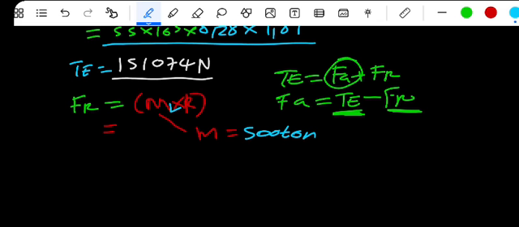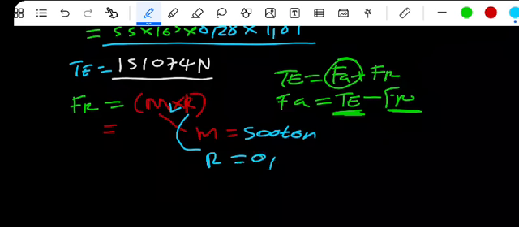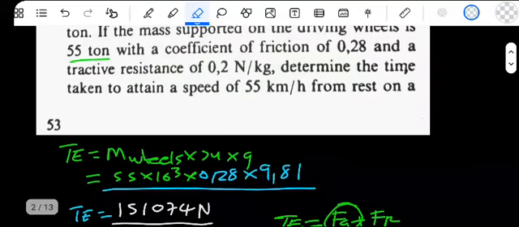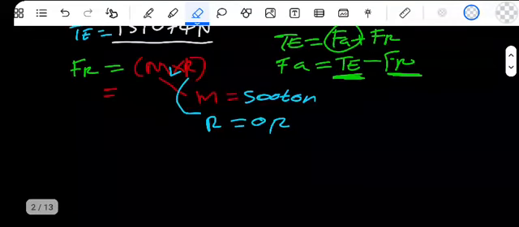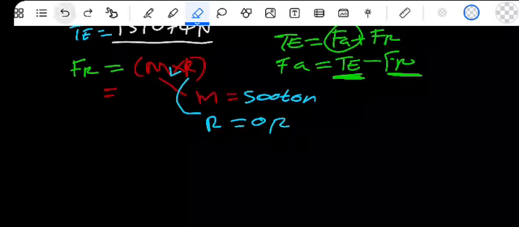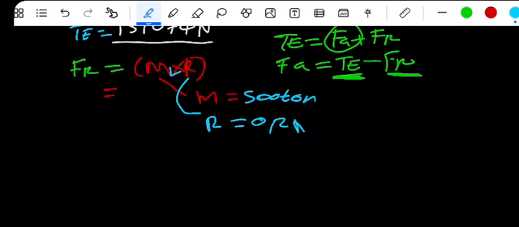But our rolling resistance R is 0.2 Newton per kg. Let me check, yes, 0.2 Newton per kg.